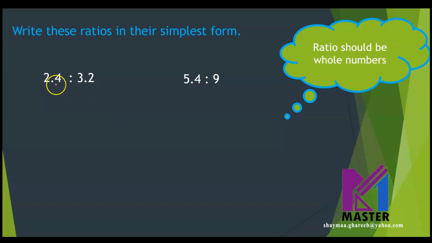So in order to change these two decimal numbers into whole numbers, I multiply both of them by 10, because each has one decimal place. So the ratio will be 24 to 32.